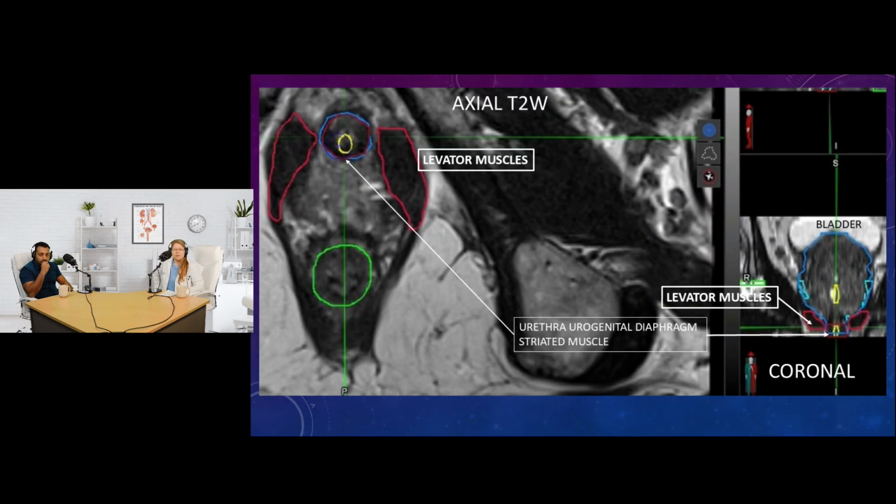And if you are doing any type of ablative technology that involves any tumors in the apical region of the prostate, it's very important to understand the anatomy and also be able to see very clearly the levator muscles complex, the urethral muscles, the intrinsic and external sphincter, in order to be able to spare those muscles during your treatment.